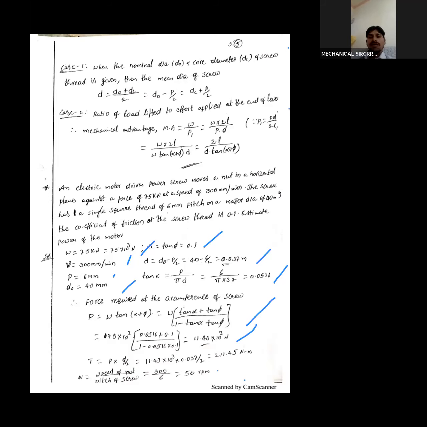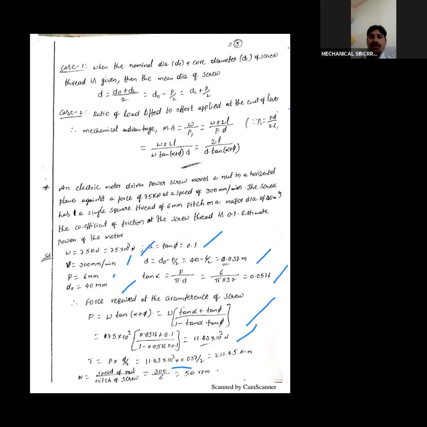Now the torque value. Torque means force into distance. That force is P, and the distance is the diameter by 2, that is capital D by 2. So it is 11.43 into 10 cube into 0.037 by 2.